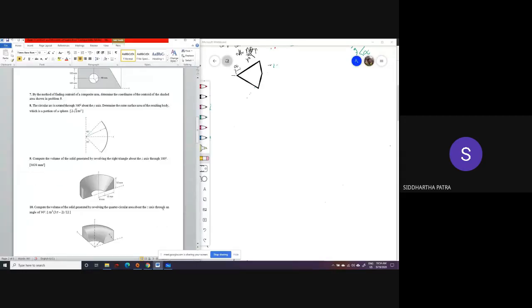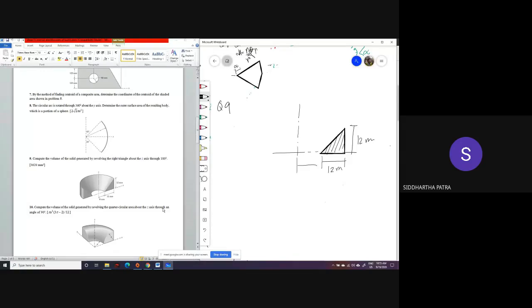Let's take the simplest case, question number 9. You don't need the 3D representation. You only need this triangle, with a height of 12 mm and the width also 12 mm.